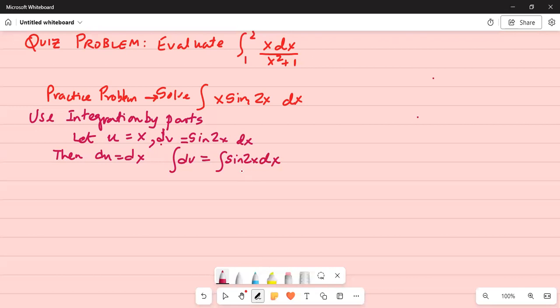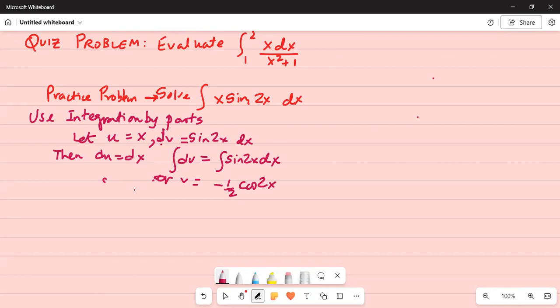Or v is equal to, by integration, minus half cosine 2x. Integration of sine x is actually minus cosine x. Just because we have sine 2x, we divide by 2 and keep the negative sign.